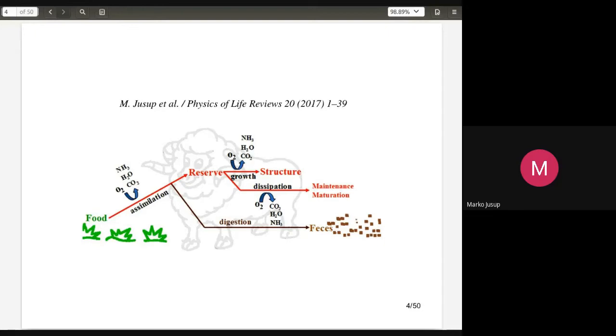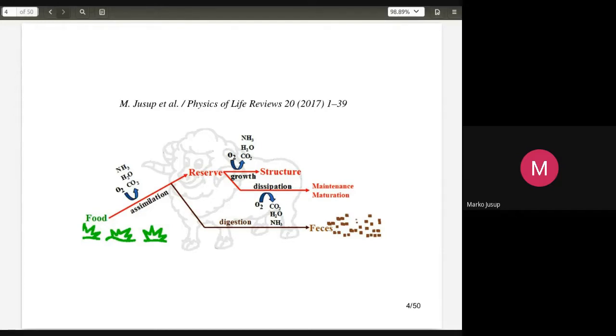From there, it is used for different metabolic processes, such as growth, which serves to build up structure, being all tissues that are necessary for the organism to stay alive and to perform daily functions. And then some of that energy from reserve is also dissipated. Dissipation, again, is for maintenance purposes, for development, maturation purposes, and so on.